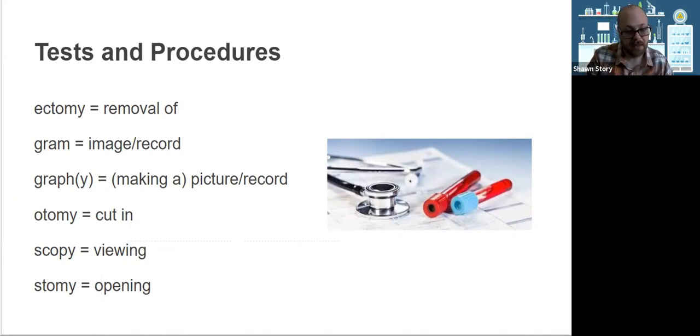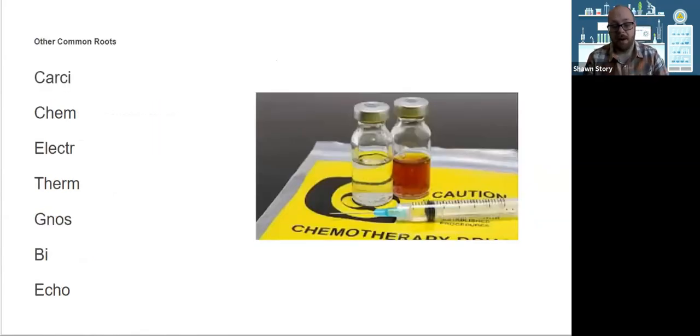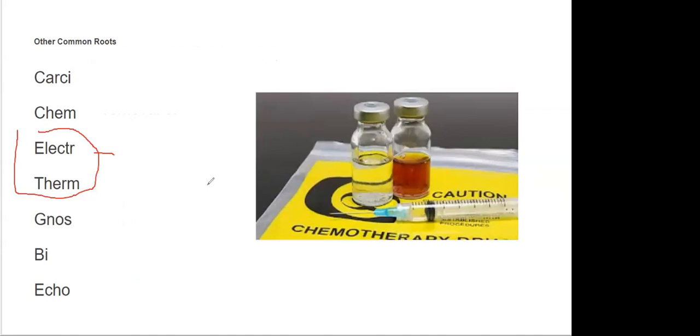All right. Let's move on. Here's some other common root words we see in the medical field. Which ones do we know? These two we know for sure. Electro. Electricity and heat. It's using electricity.